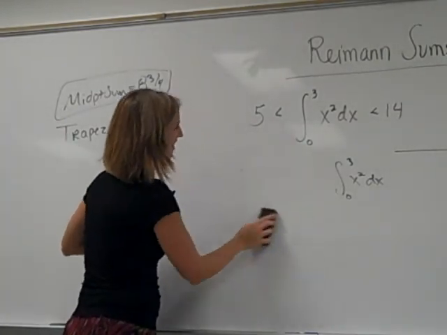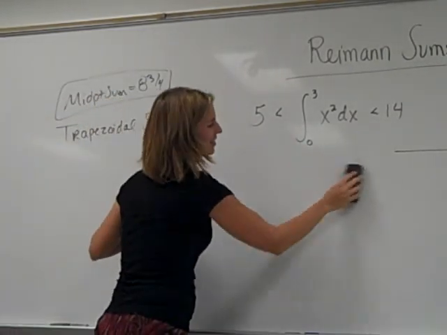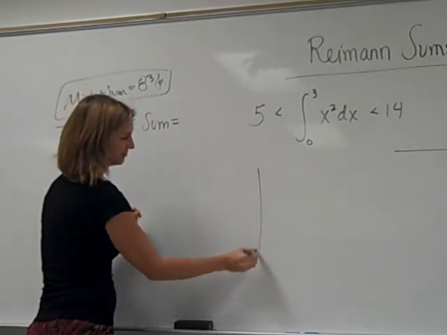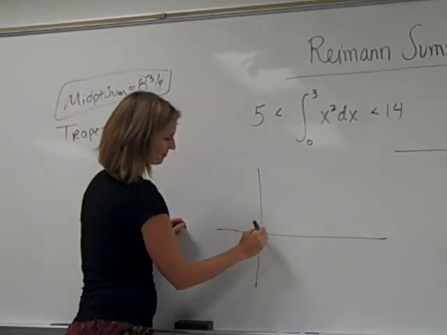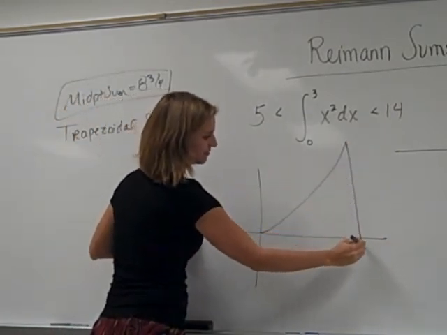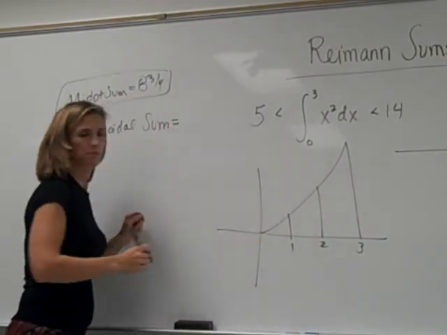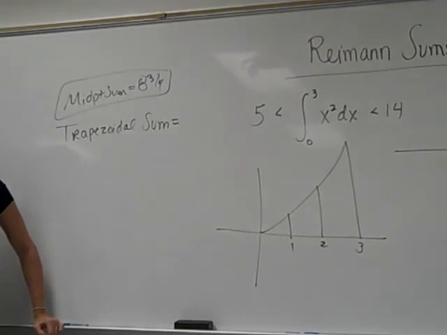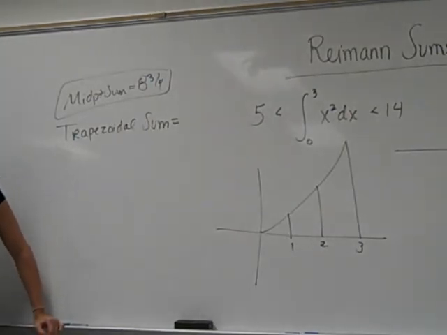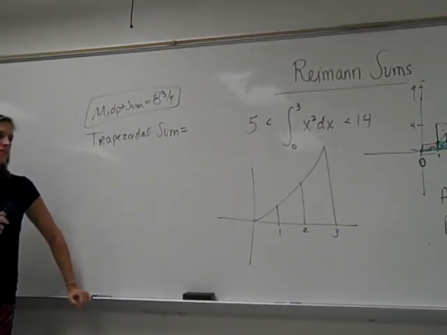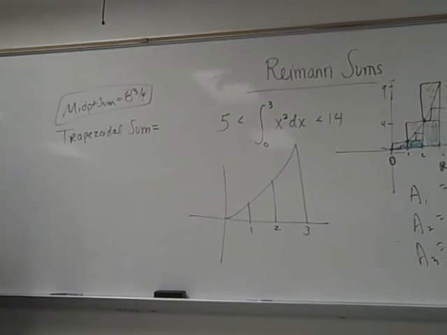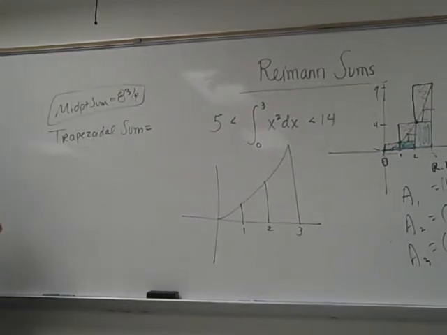Spoiler alert, it's 9. Trapezoid looks like this. Riemann probably didn't make this up, because it actually makes more sense than splitting it into rectangles. They split it all into trapezoids.